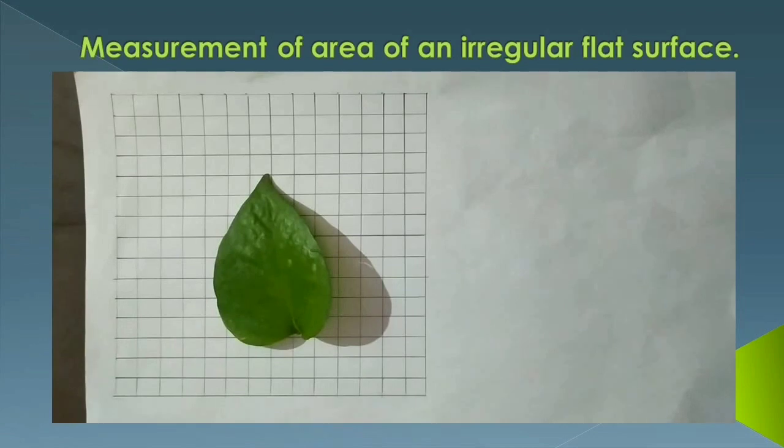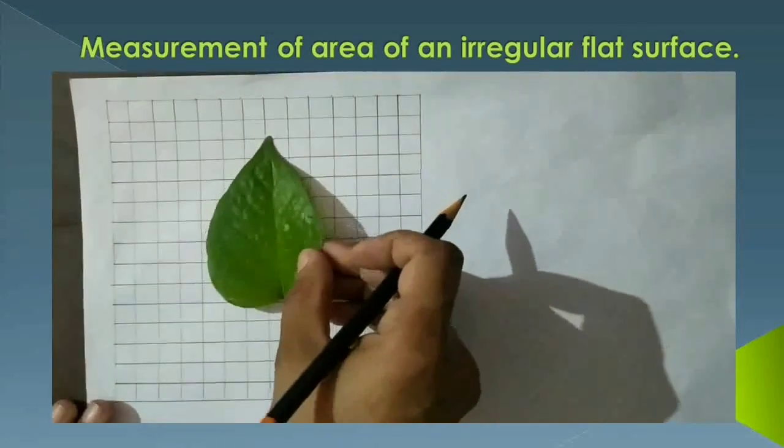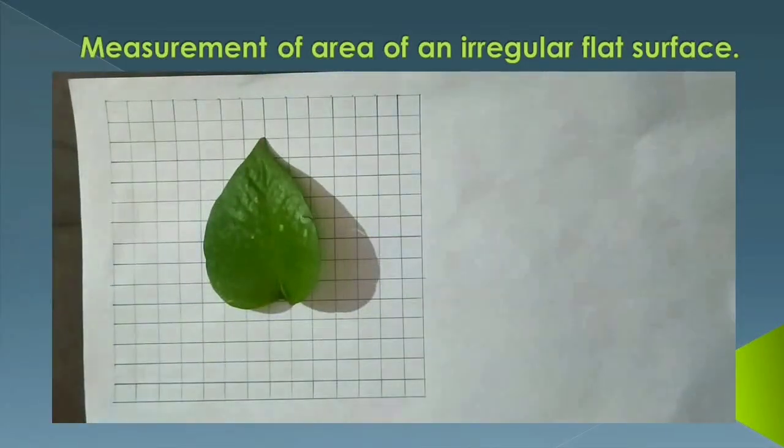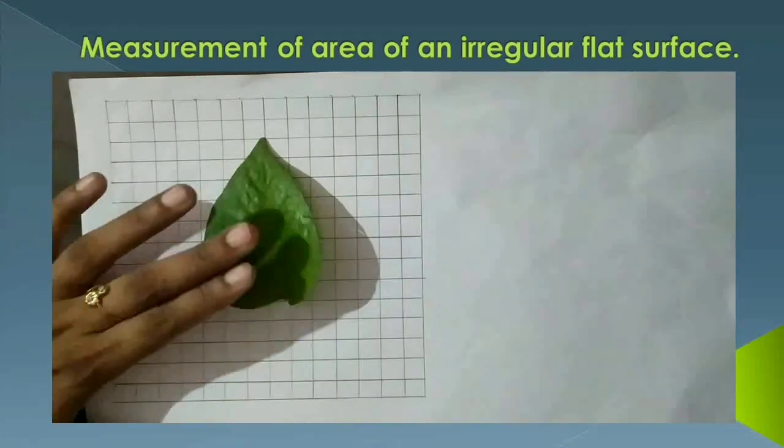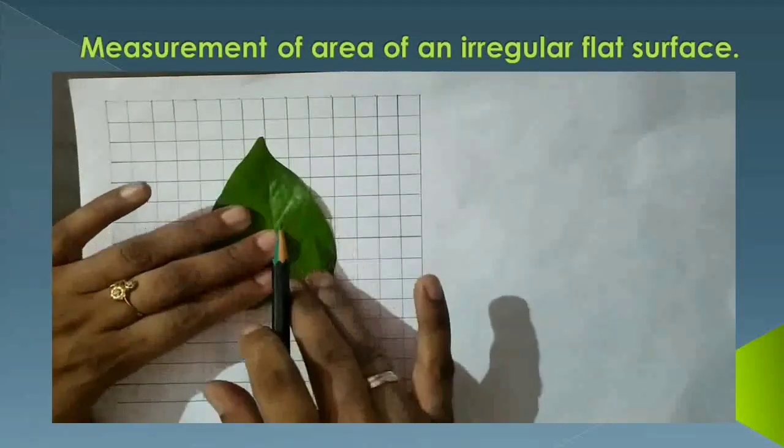We can find the area of any leaf using graph paper. So we have to place the leaf on the graph paper. With the help of a pencil, we have to mark the outline of this leaf.